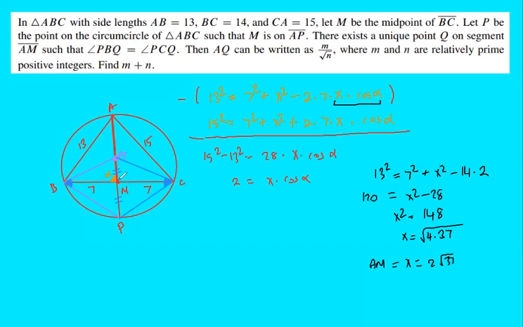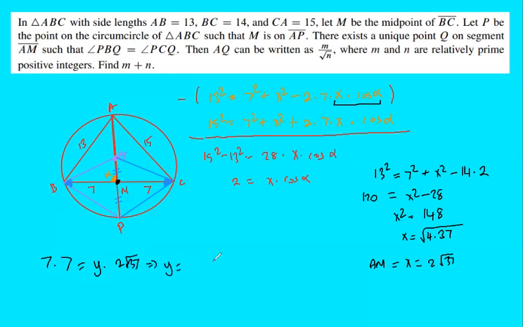But at the same time, this point is the intersection of the two diagonals in a circle, which reminds me of power of a point. So in the power of a point approach, we can multiply 7 by this 7, which will give me this guy. If I call this y, the other part will be AM, which we already know, 2 times root 37.